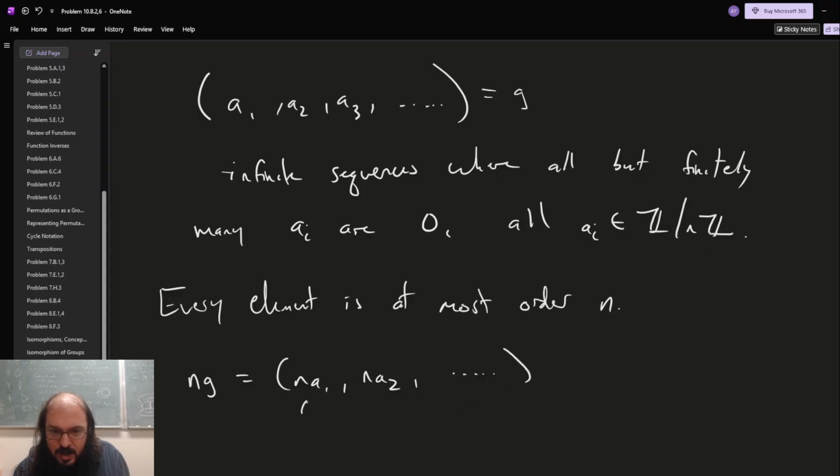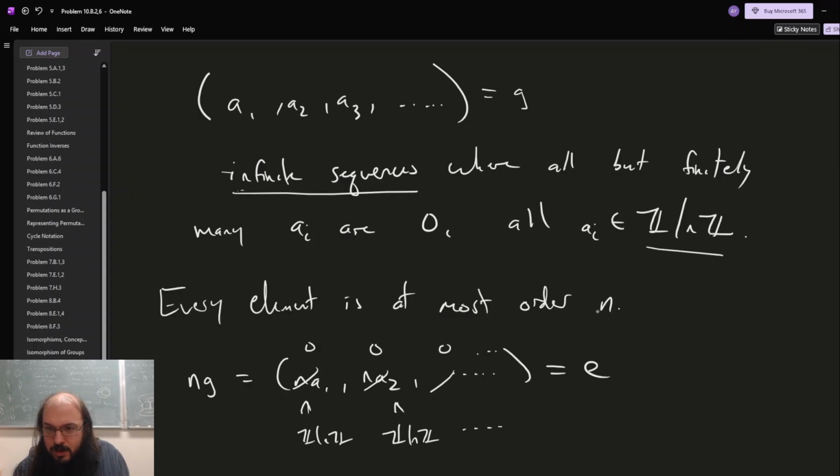But since these are all in Z mod nZ each, these are all equal to 0, and therefore this is equal to e, the neutral element of this crazy group. And so this is a huge infinite group because there are infinitely many terms, and they're all allowed to be Z mod nZ, but every element has order n.